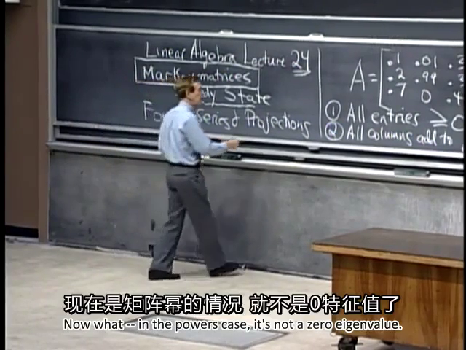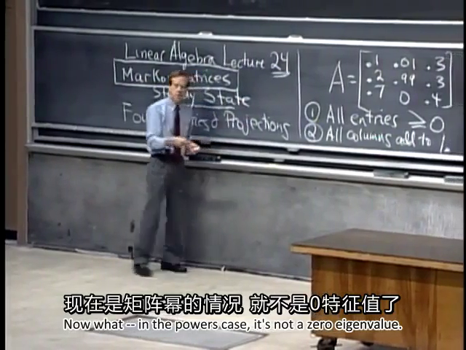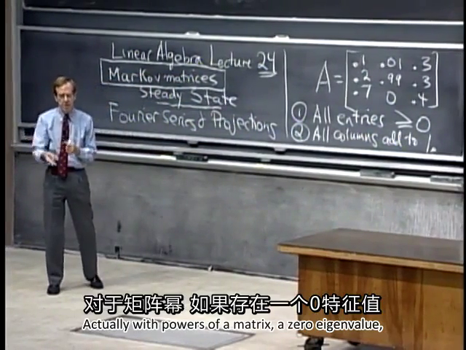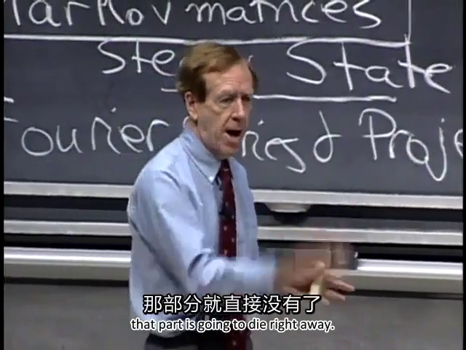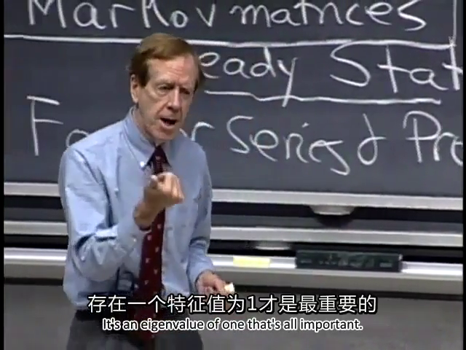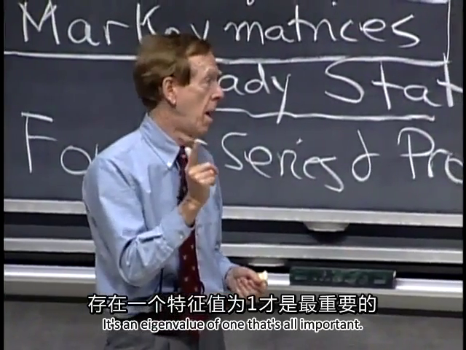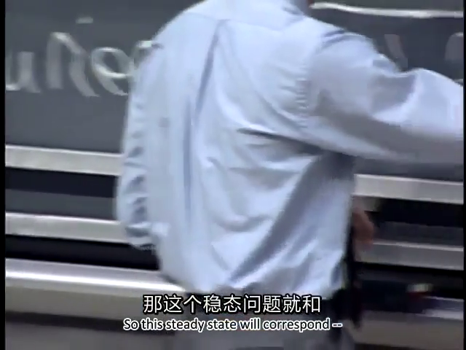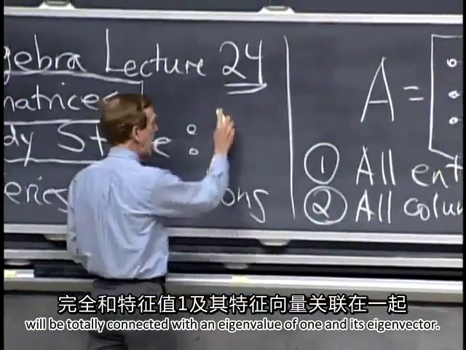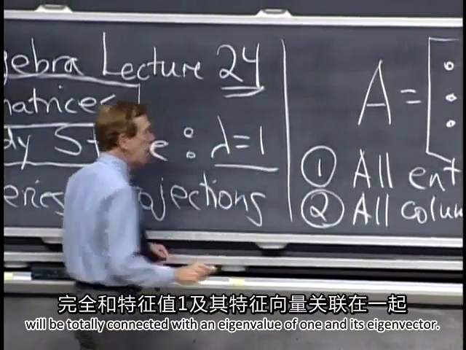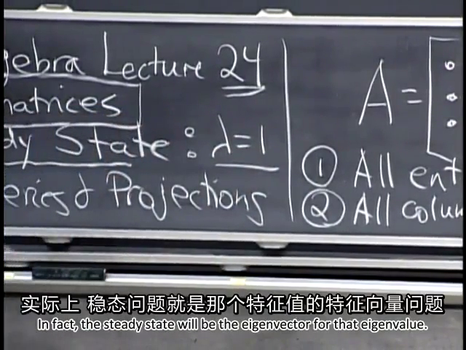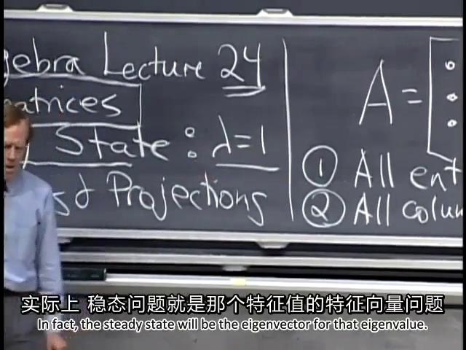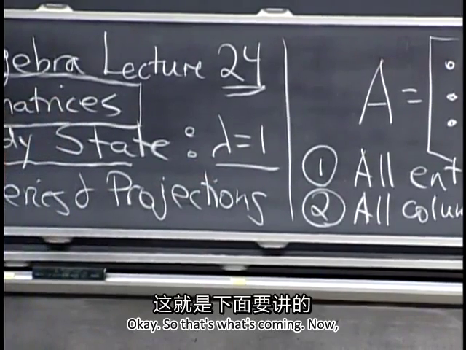Now in the powers case, it's not a 0 eigenvalue. Actually, with powers of a matrix, a 0 eigenvalue, that part is going to die right away. It's an eigenvalue of 1. That's all important. So this steady state will be totally connected with an eigenvalue of 1 and its eigenvector. In fact, the steady state will be the eigenvector for that eigenvalue. Okay, so that's what's coming.